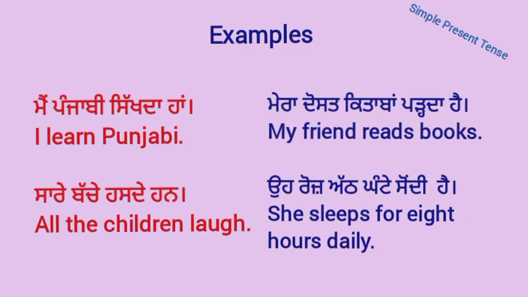I learn Punjabi. All the children laugh. Now in these sentences we haven't used s or es with the verbs. My friend reads books. She sleeps for 8 hours daily. Now in these sentences we have used two singular subjects, my friend and she. Now with the verbs we have used s.